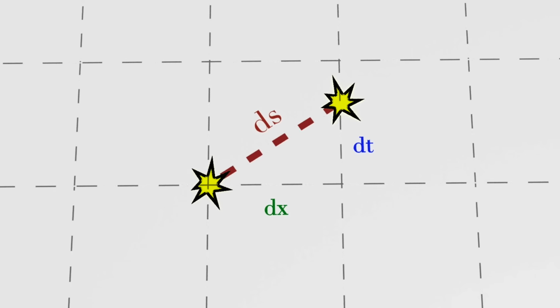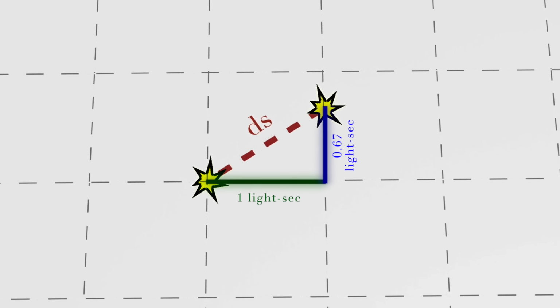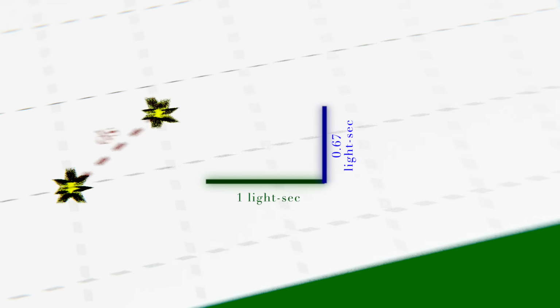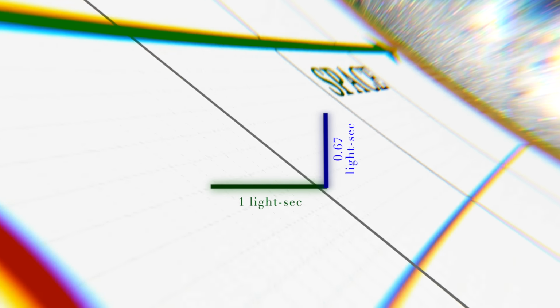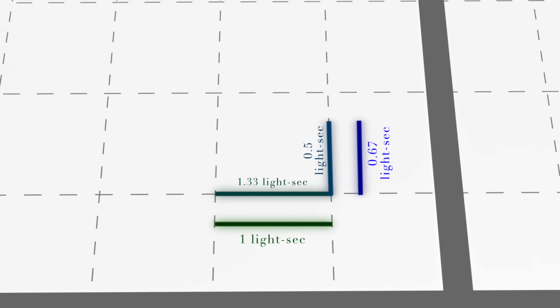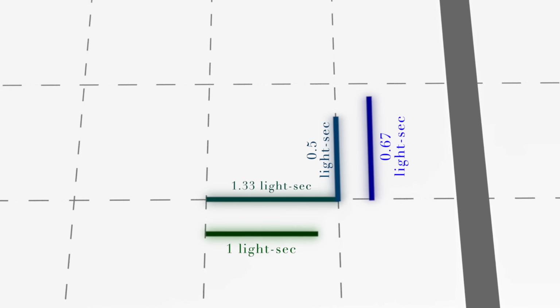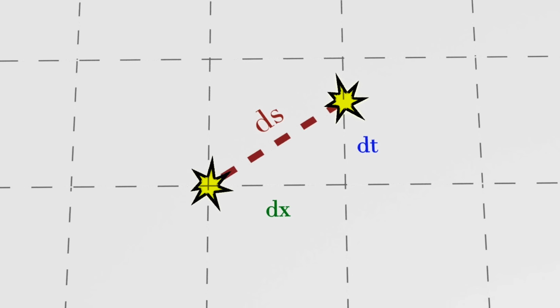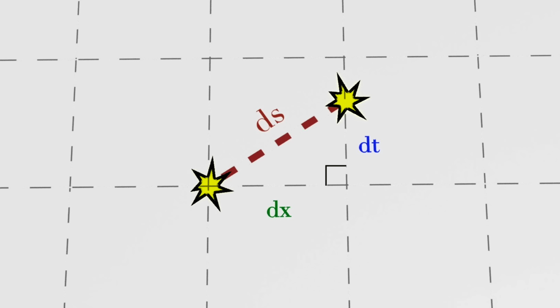That is, an interval dx or dt here on the diagram may not represent the same space-time distance as an interval dx or dt elsewhere on the diagram. Moreover, the true space-time angle between dx and dt may not be an orthogonal one.